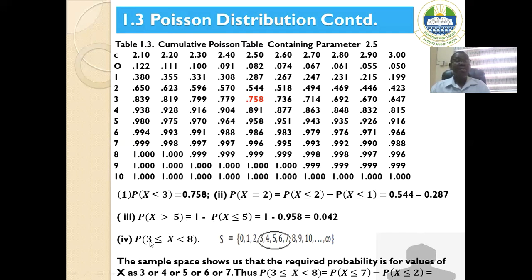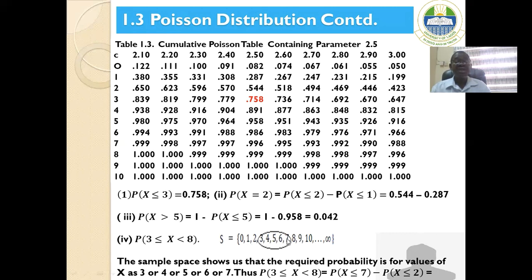Now, the probability that x is greater or equal to 3, but strictly less than 8. This means x can be 3, it can be 4, it can be 5, it can be 6, it can be 7, it cannot be 8. See, it is illustrated in this sample space here, where we have mapped out using this circle 3, 4, 5, 6, 7. How do you find the probability that this happens within the sample space? It's easy.